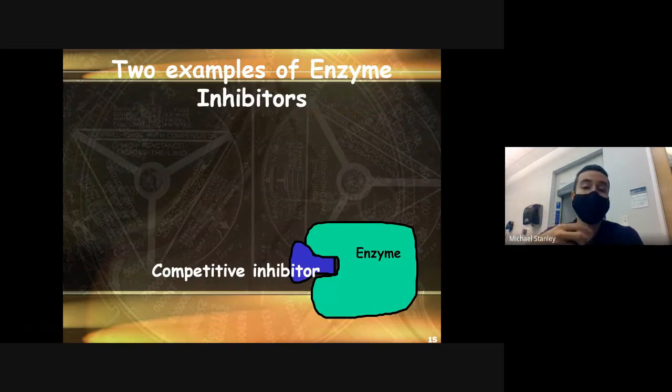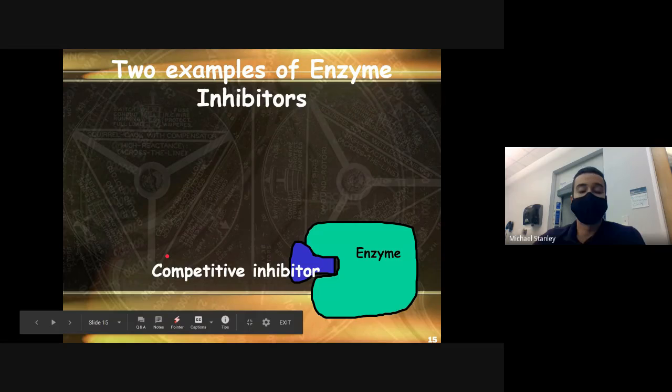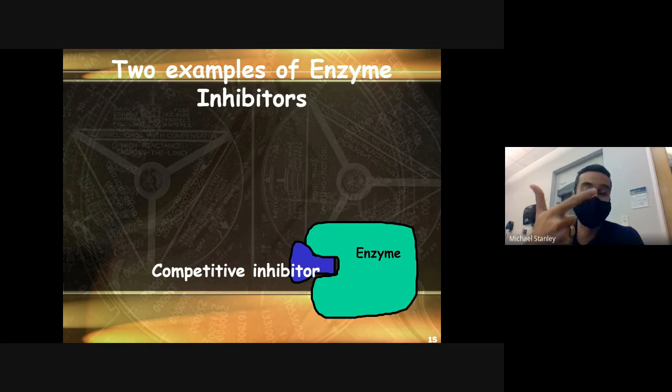So there are two major examples of inhibitors that I'm going to go over with you guys today. There are competitive inhibitors and non-competitive inhibitors. Each type of inhibitor causes an enzyme to not be able to function correctly anymore, but they do it in slightly different ways.